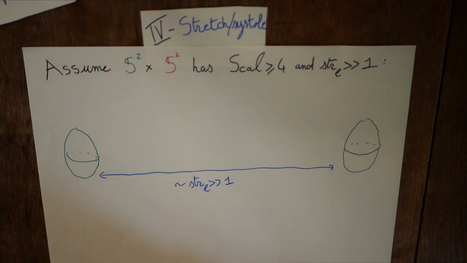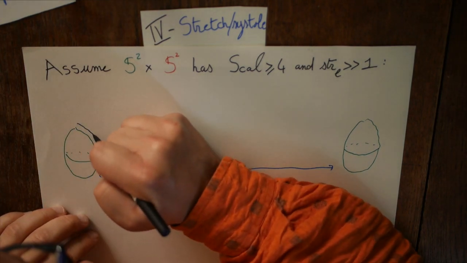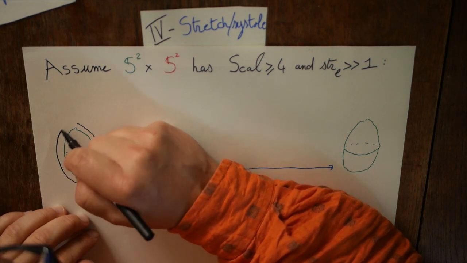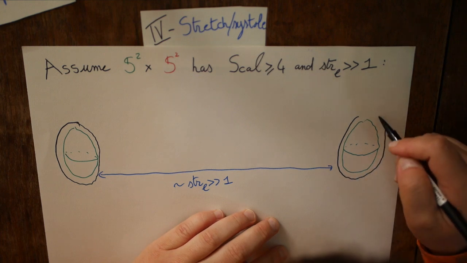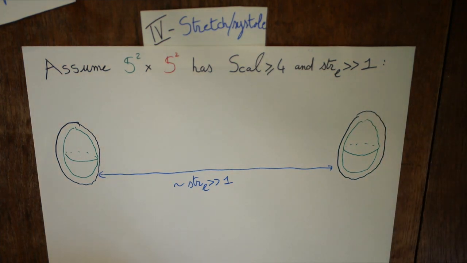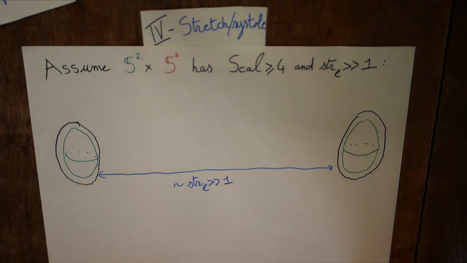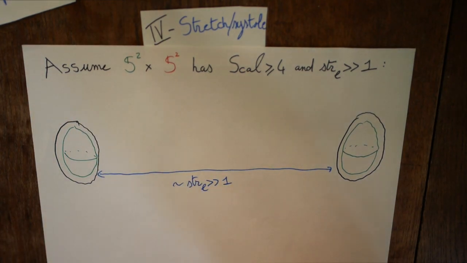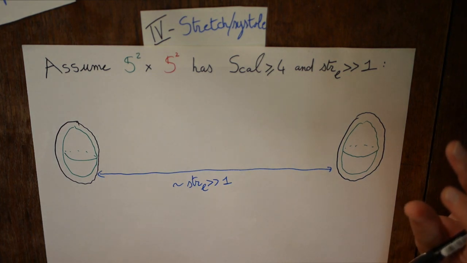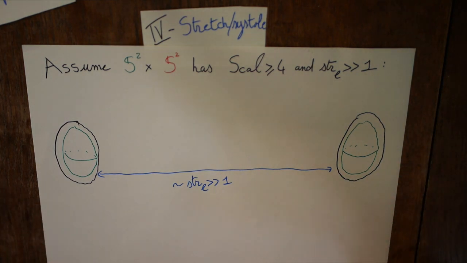Now what I can do is remove some small tubular neighborhoods of those spheres. Let's assume for simplicity that this is really S^2 times a point.